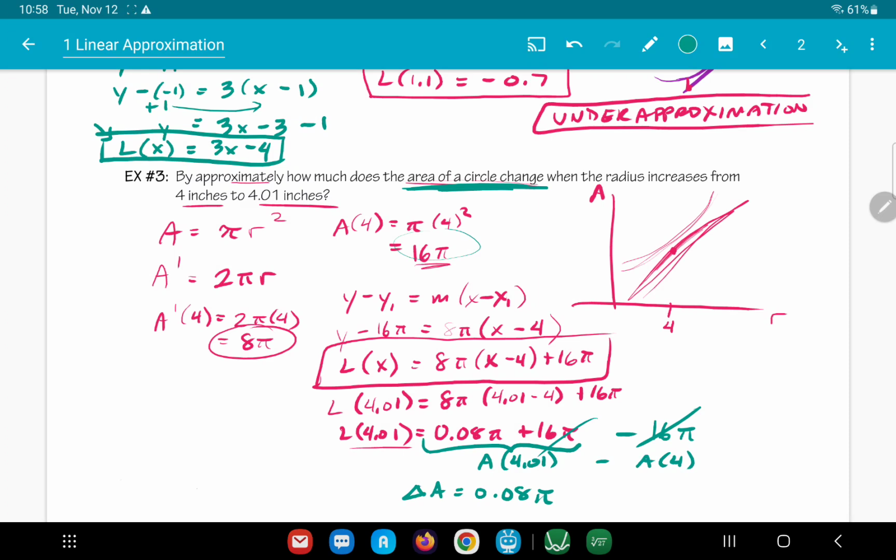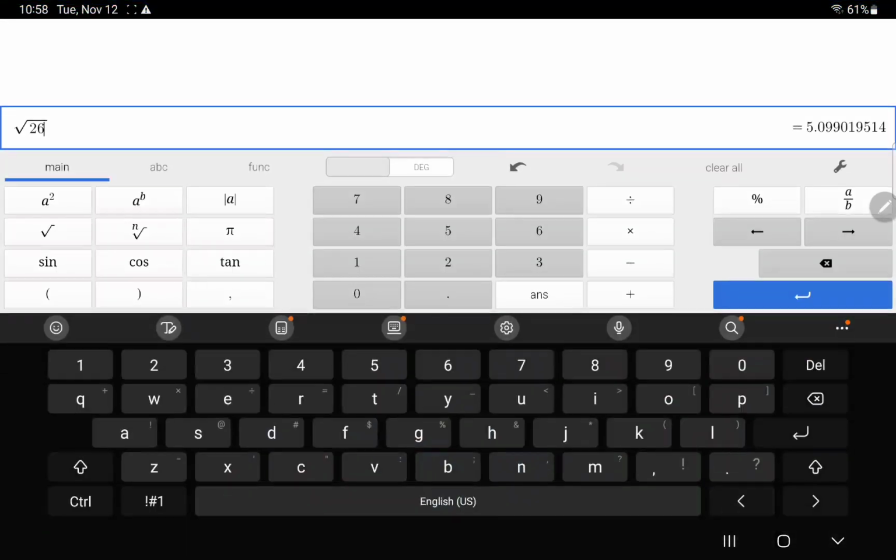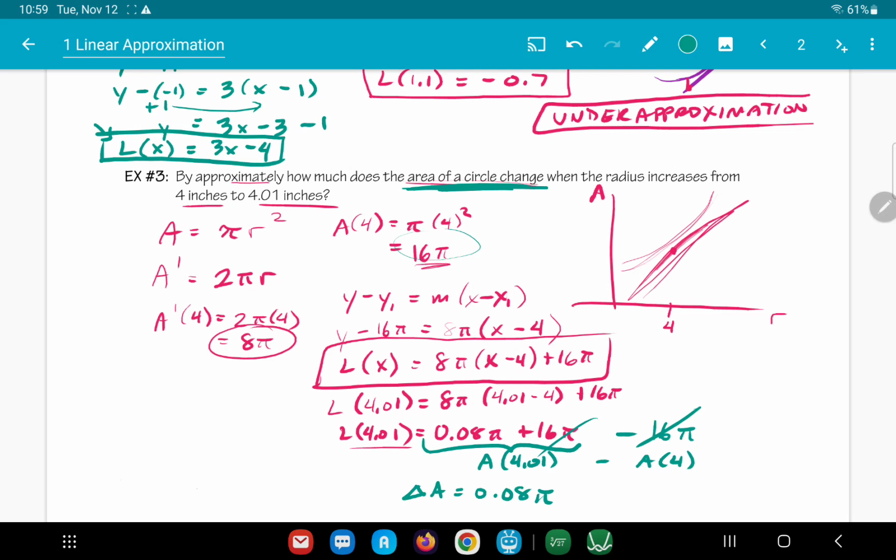Let's see what that value actually is. Okay, so 0.08 pi is a value of 0.2513. I'm just going to go ahead and write that down. We're getting about 0.2513. Again, I just want to make a comparison. How does our approximation of the change in area relate to the actual change in area?